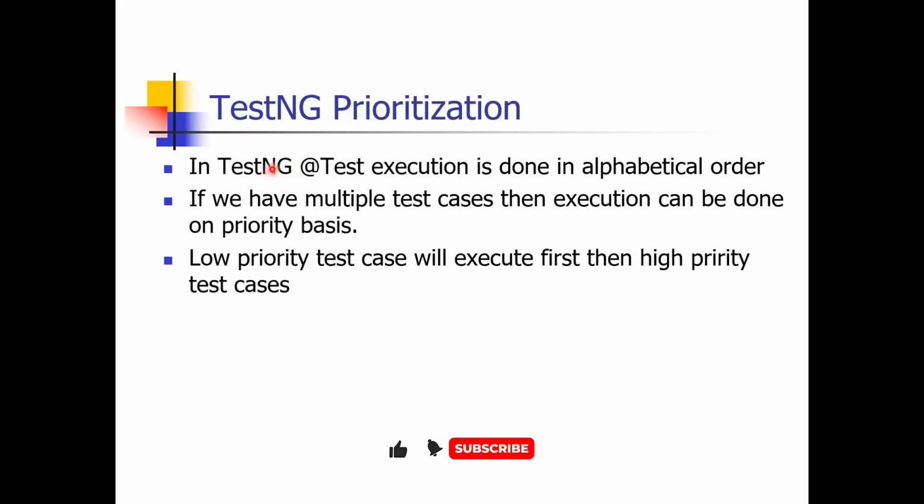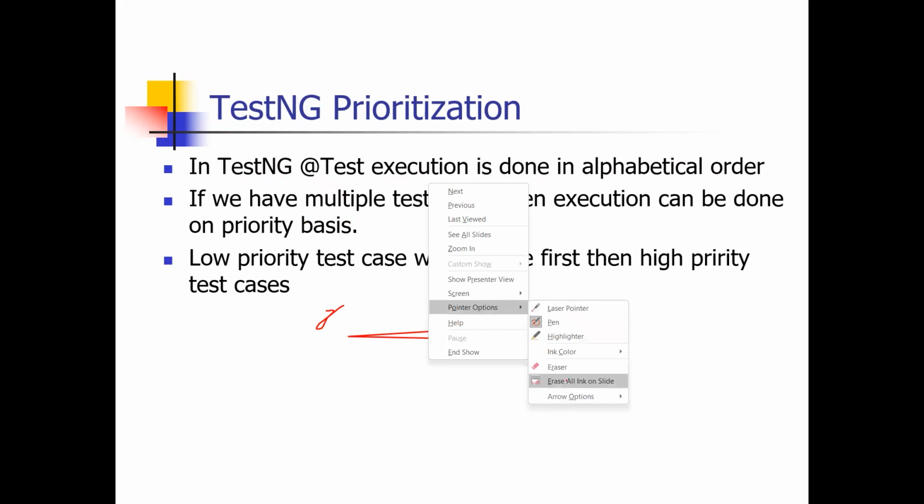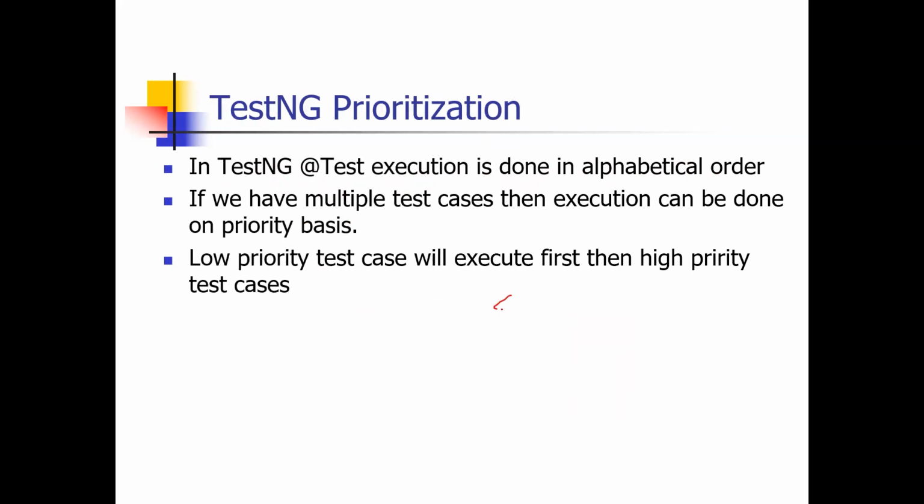In TestNG, at the rate Test execution is done in alphabetical order. Alphabetical order means suppose there are 10 test cases defined with @Test. This is test 1 that is defined with some name A, B, C. Then test case number 2 defined with, suppose, login.